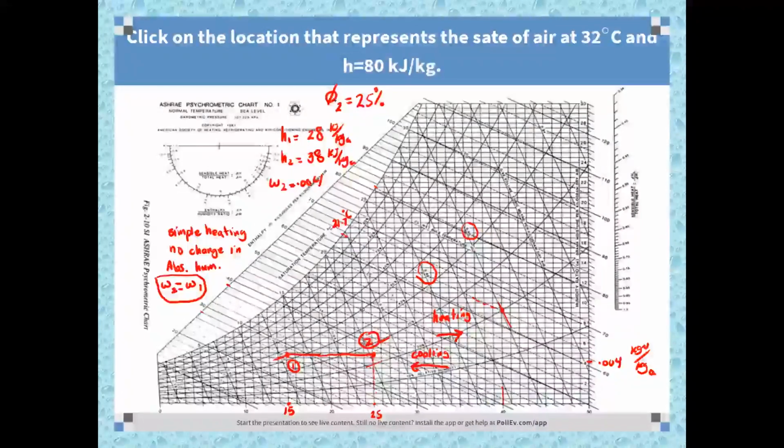What else? Relative humidity, we did that. We need specific volume, V1 and V2. This line is 0.82, and this one is 0.83. I would say 0.82 for V1.